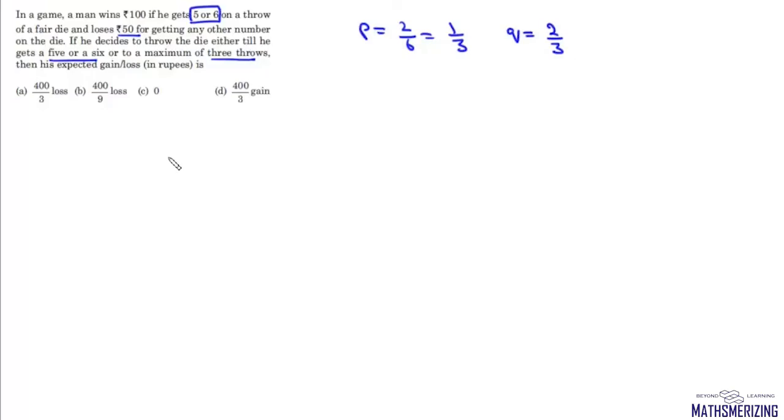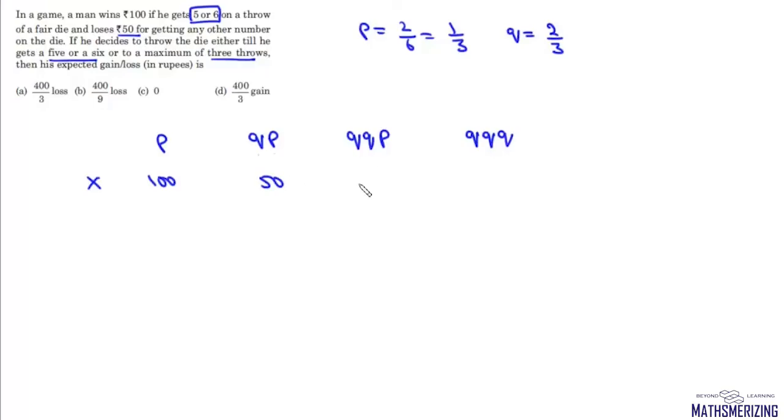Now this game continues if he gets P, or if it is QP, or if it is QQP, or if it is QQQ. Now in this case, value of a random variable will be, if he wins, 100. Now there is a loss and a win, so it will be 100 minus 50, so it will be plus 50.